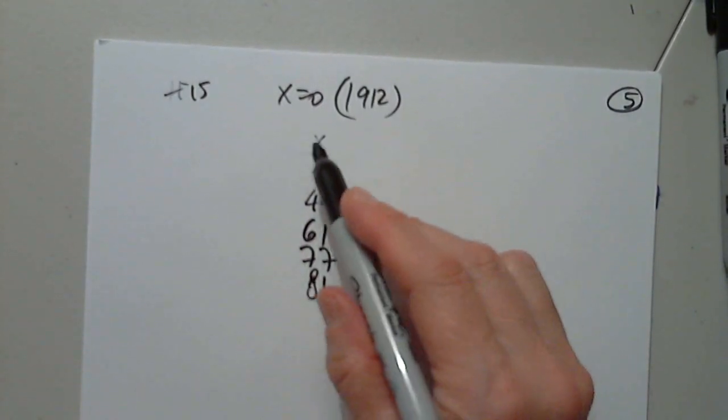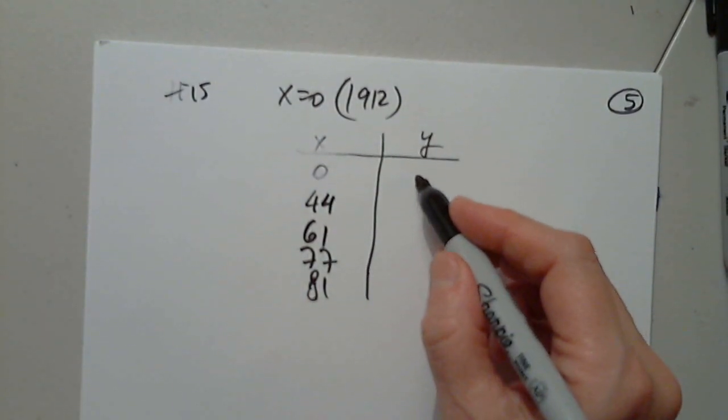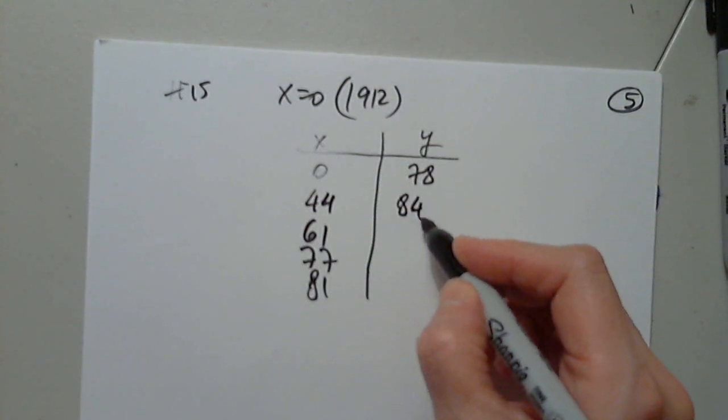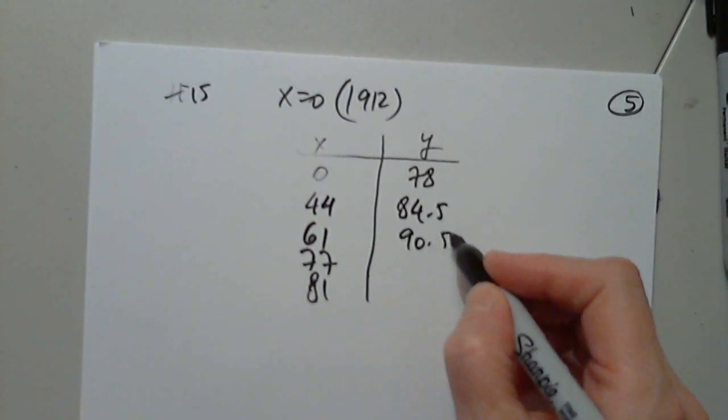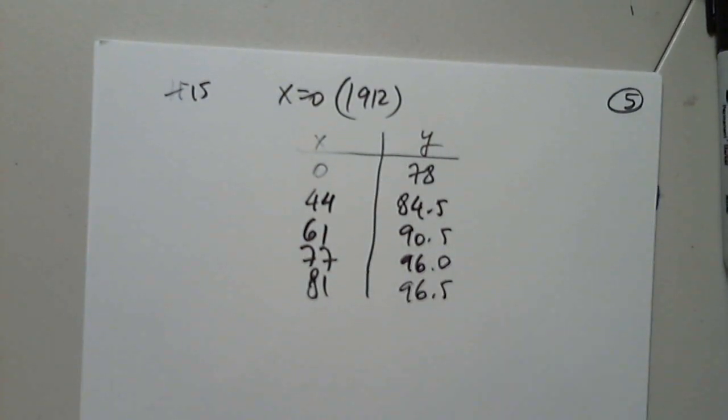And the record was the y variable, of course, which is 78, 84.5, 90.5, 96.0, and 96.5.